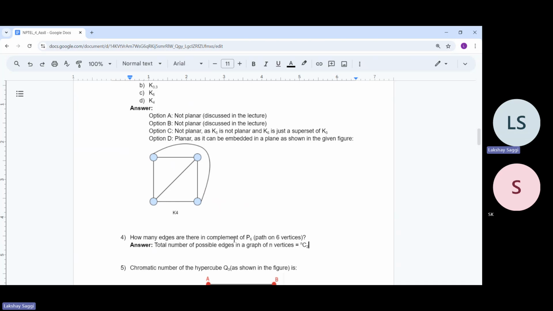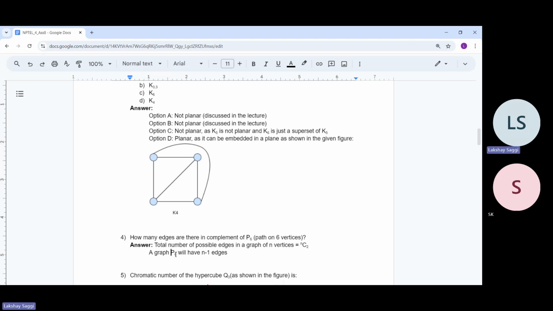So if there is a graph on n vertices, the maximum number of possible edges is just n choose 2. But in a Pn graph, a path graph of n vertices, I'm just deriving the bounds for general n, not just for 6 vertices now. So a graph Pn just has n minus 1 edges, right?